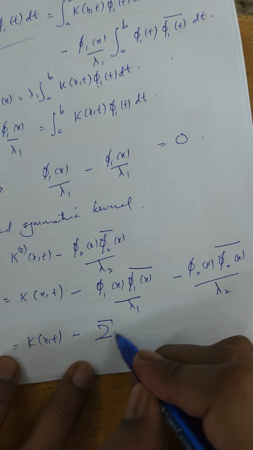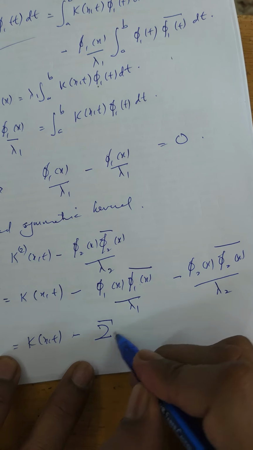Because we proceed until up to n steps, k n plus 1 is equal to 0. So k2, k3 and so on, up to k n plus 1 gives you 0, and what is left is that k is equal to those n terms.